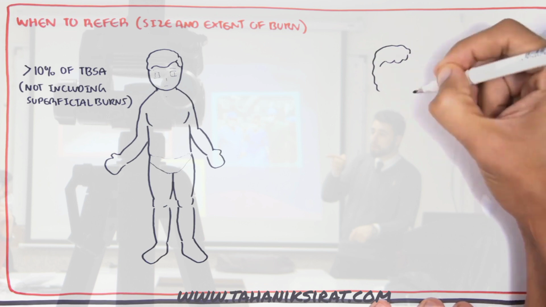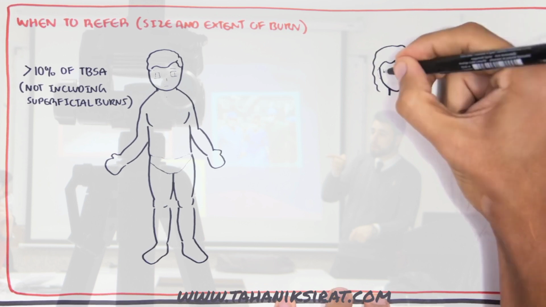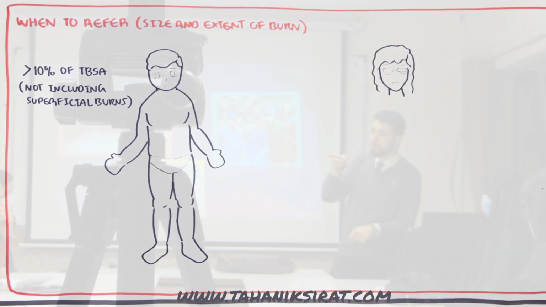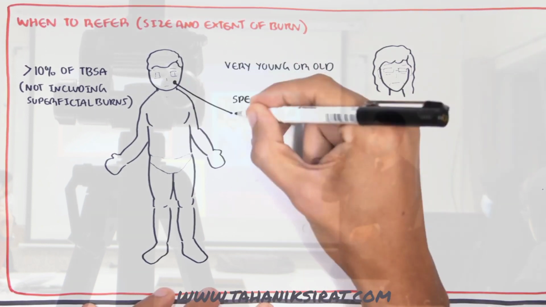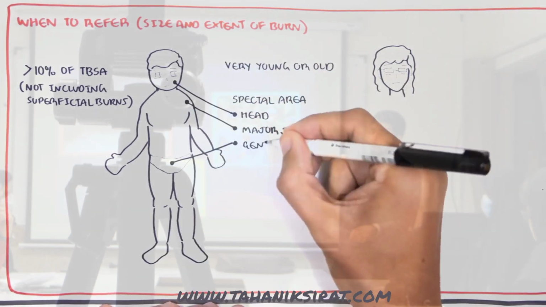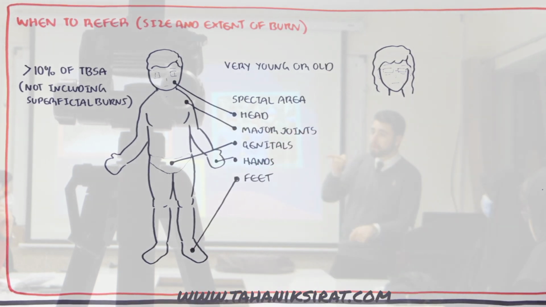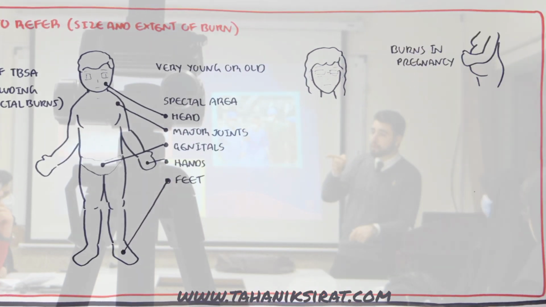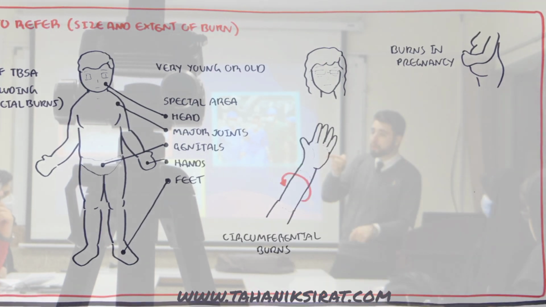Well, things that potentially need referring to a burns unit include burns to the very young and very old, special areas such as the head, major joints, genitals, hands, and feet also need referring to a burns unit. Burns in pregnancy as well as circumferential burns are very serious.